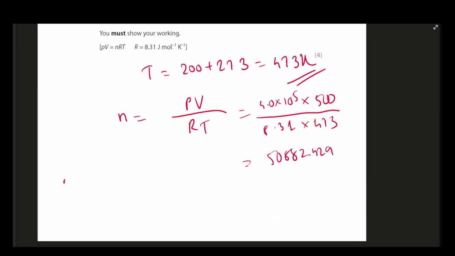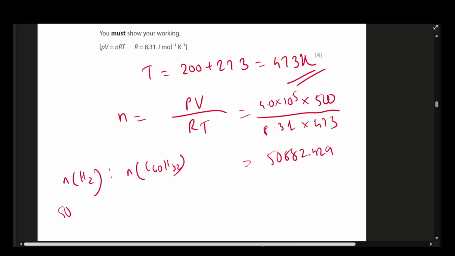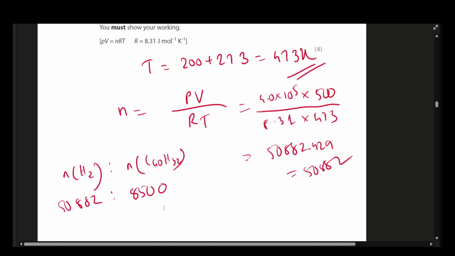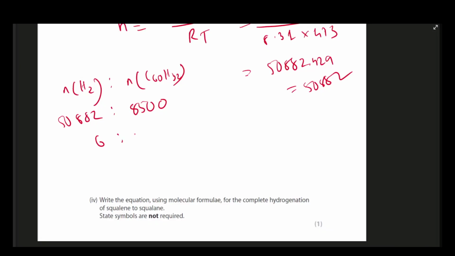The moles of hydrogen and of squalene are about 50882, I'm just approximately giving it, to 8500. If you find the ratio, you get about 6 is to 1.